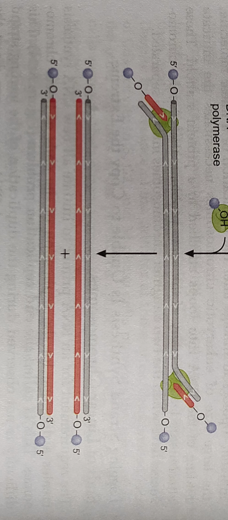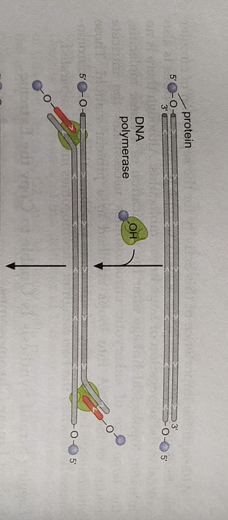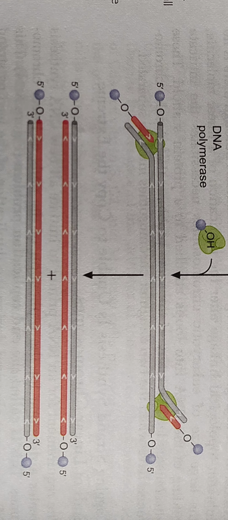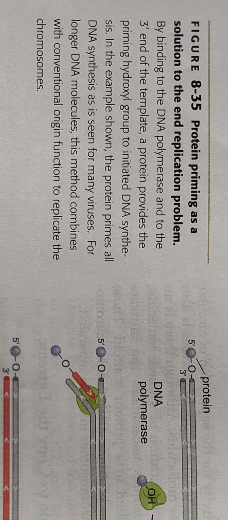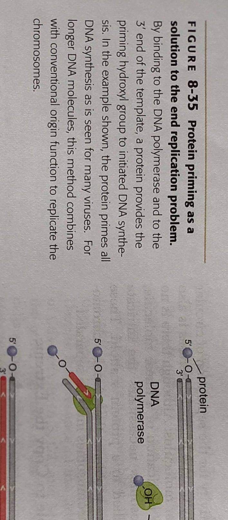In a way, we can see the protein has been bound to the end, and with the help of the OH group, DNA polymerase will bind and be able to synthesize the nucleotides, and there is no problem of the end replication. The end part of your replication fork will be completely synthesized. This is given in figure 8.35 in your Watson book.